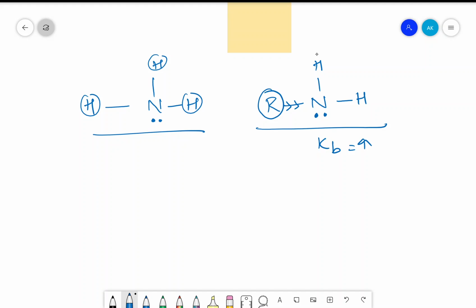So it is giving electrons towards the nitrogen. So the availability of lone pairs of electrons will be more. The basic term we need to remember is that availability of lone pairs of electrons is more due to the electron donating R group in amines compared to ammonia.